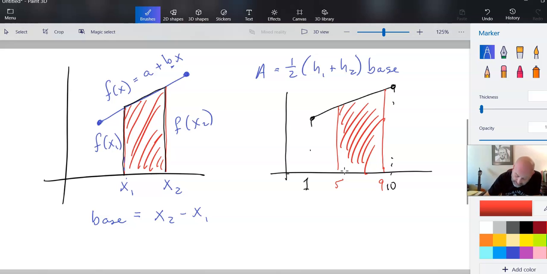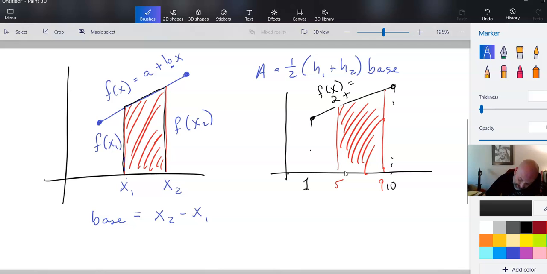Okay, so we need to figure out what the heights are, and we need to figure out what the base is. Oh yeah, and I have one more thing to give you, and that's the equation of this function, which is f of x equals 2 plus 0.7x. Excuse me, my bad handwriting, that's supposed to be a plus.